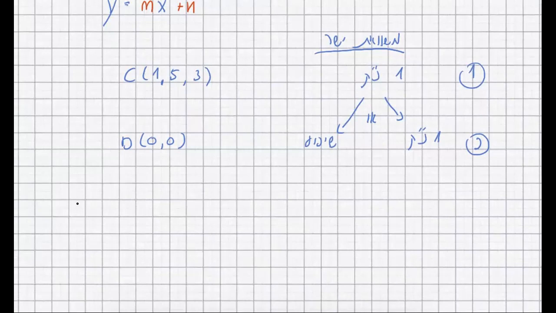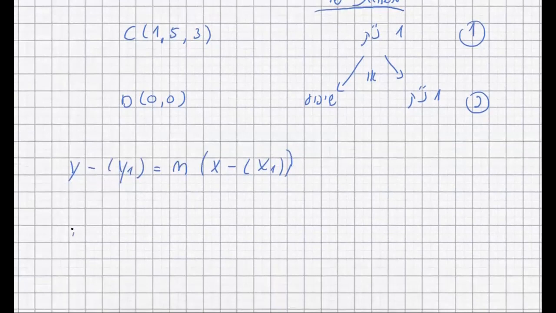The formula is y minus y1 equals m, which is the slope, times x minus x1. And m has another formula: m equals y2 minus y1 over x2 minus x1. We said that we need to find נקודה אחת, and then either עוד נקודה or שיפוע.